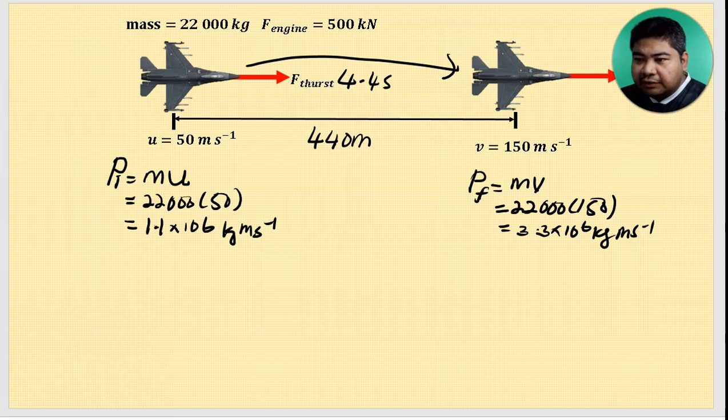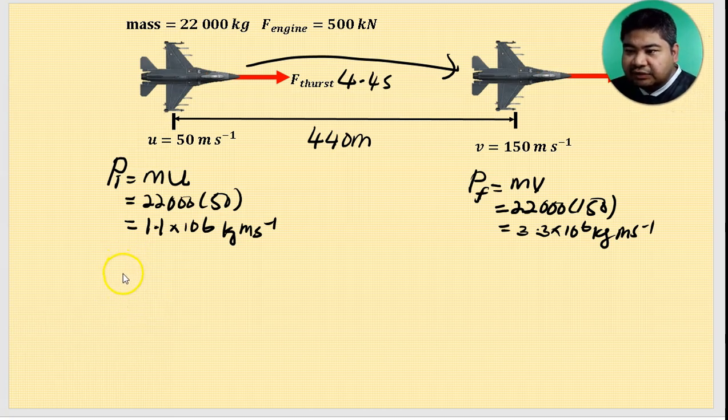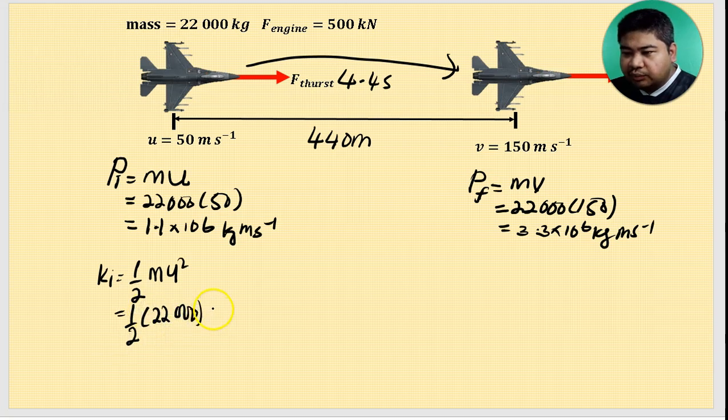Okay, then if we calculate the kinetic energy of the aircraft initially, the equation is half mv squared. So 1 over 2 times 22,000 times 50 squared, you are going to get 27.5 times 10 to the power of 6 joules.